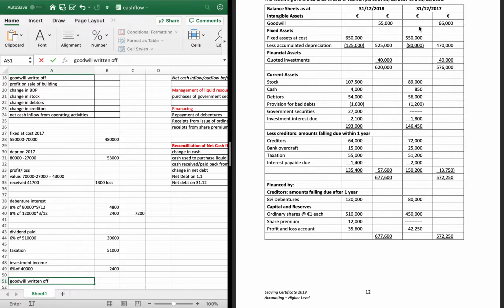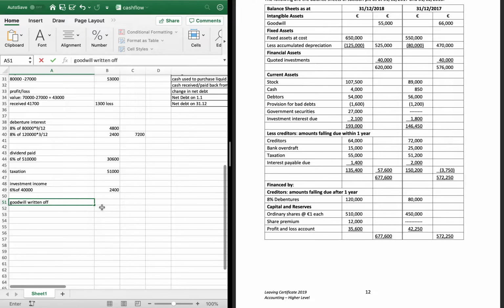The difference between those two numbers is the depreciation. So it's just 11,000 euros. If it started off at 66,000 and it's divided by 6, that's the 11,000 euros. So that brings you down to the 55,000.